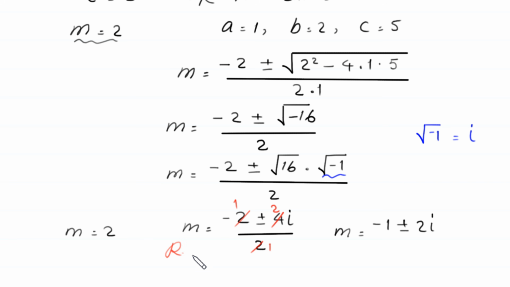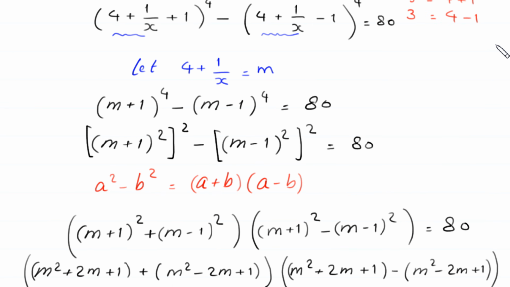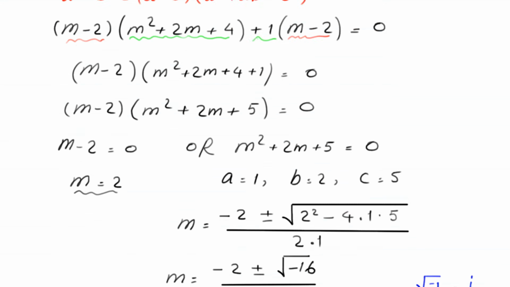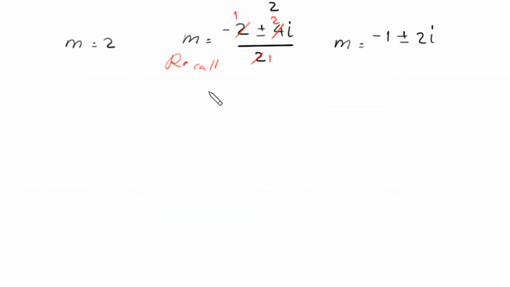Now recall that we have supposed that 4 plus 1 over x is equal to m. First, in this equation we put this value of m, 2.